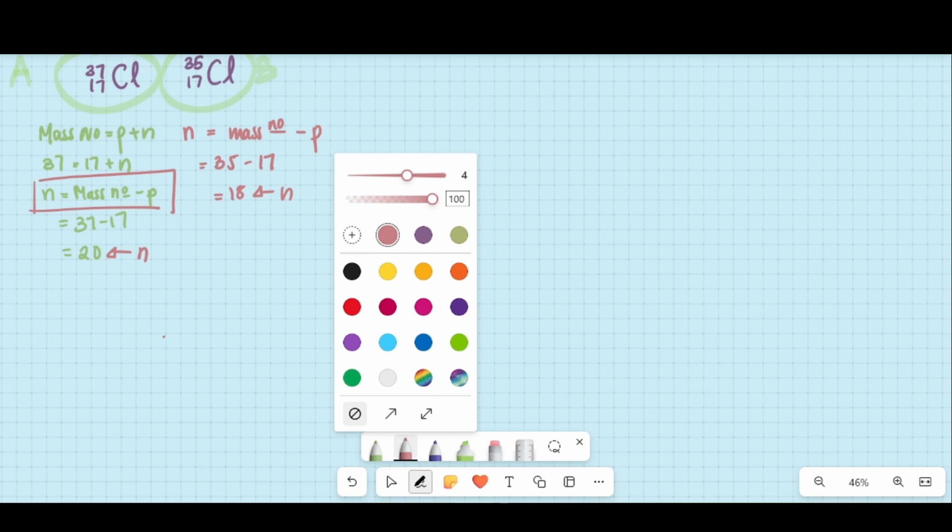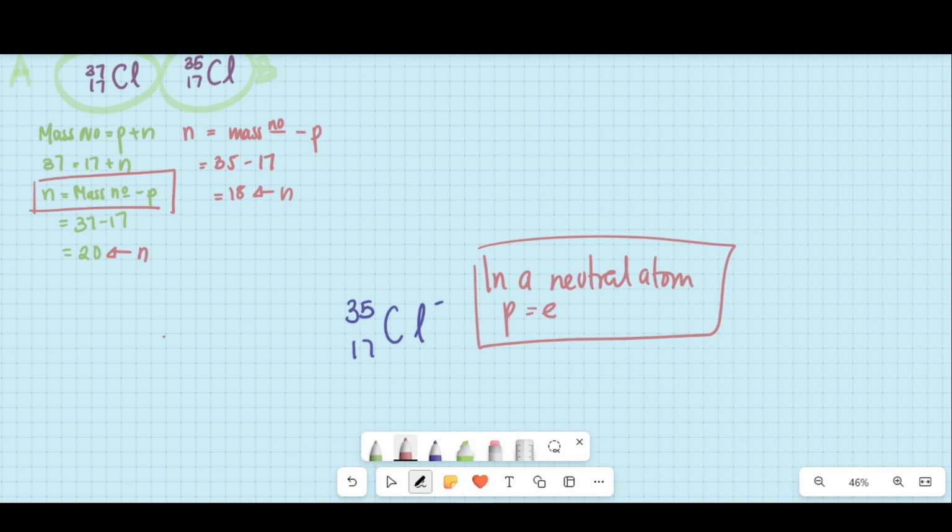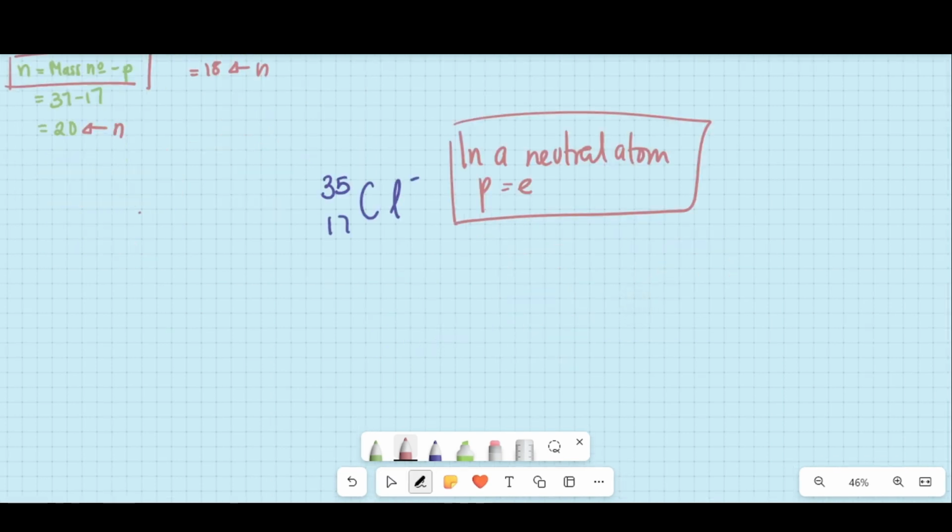We know that in a neutral atom, proton number equals electron number. This is a recollection.